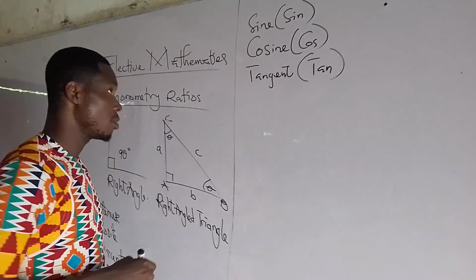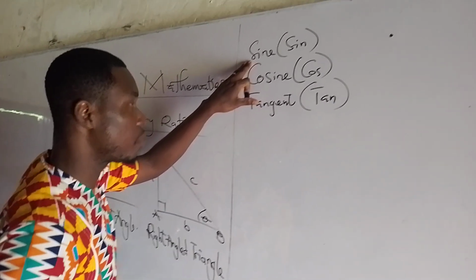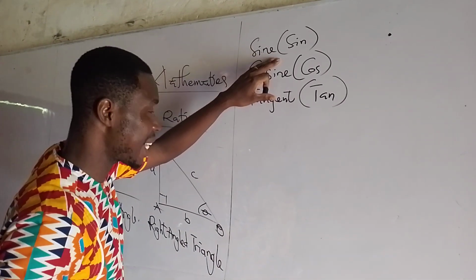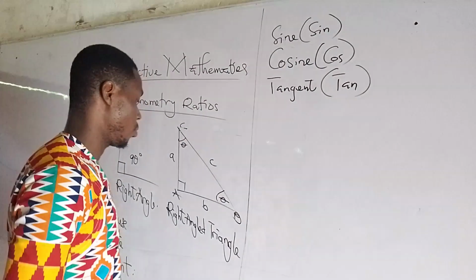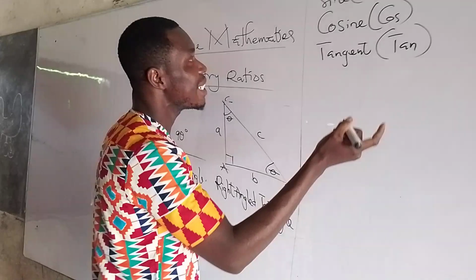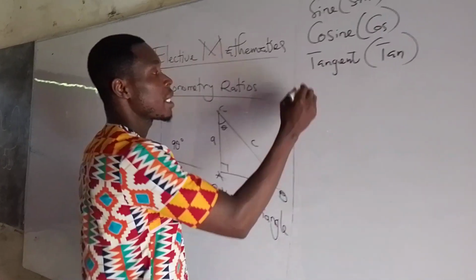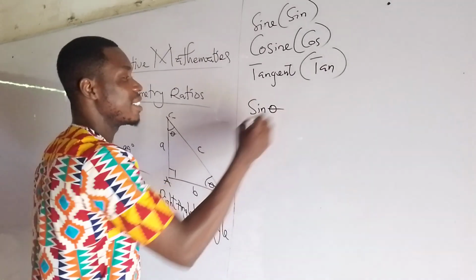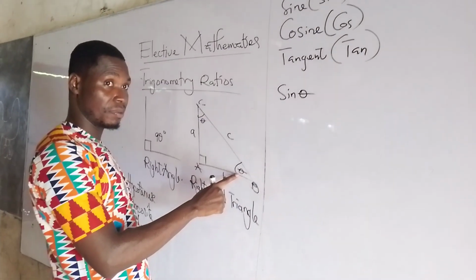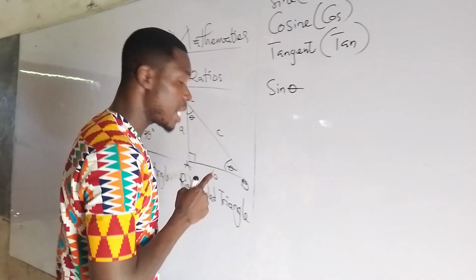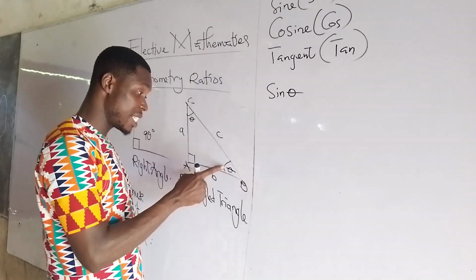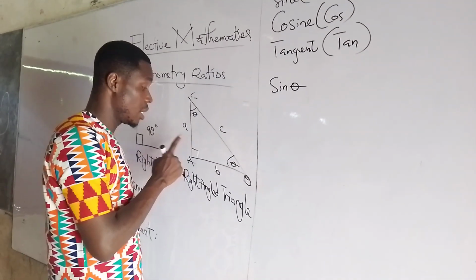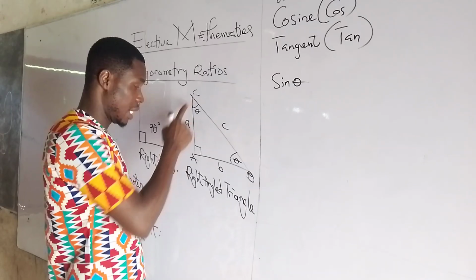Now, what is the value for each of these? When we say sine, what is it equal to? Basic trigonometry tells us that sine of the angle theta simply means: where is the angle facing? It is facing the opposite, which is AC.